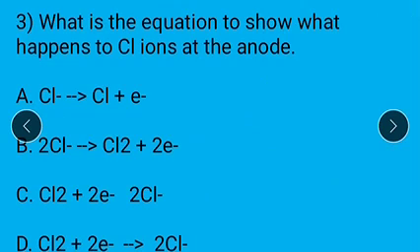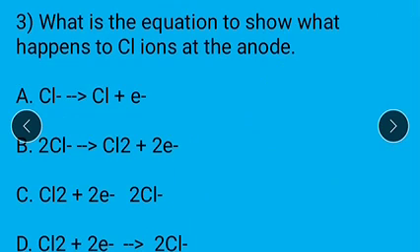Okay, what is the equation to show what happens to Cl ions at the anode? Cl minus gives rise to Cl plus electron; 2Cl minus gives rise to Cl2 plus 2 electrons; Cl2 plus 2 electrons gives rise to 2Cl minus.